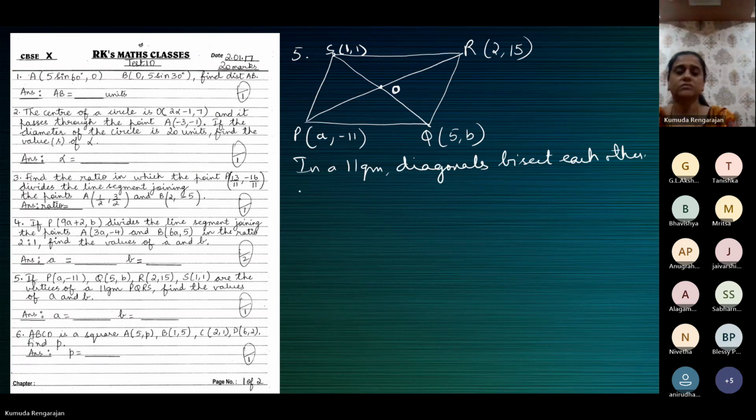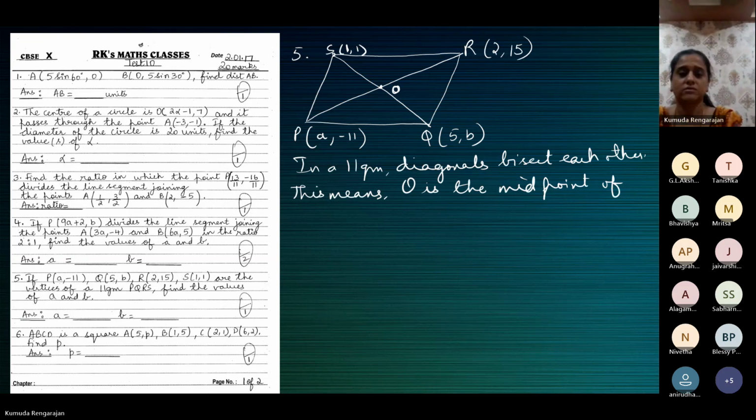O is the midpoint of diagonal PR and diagonal QS.